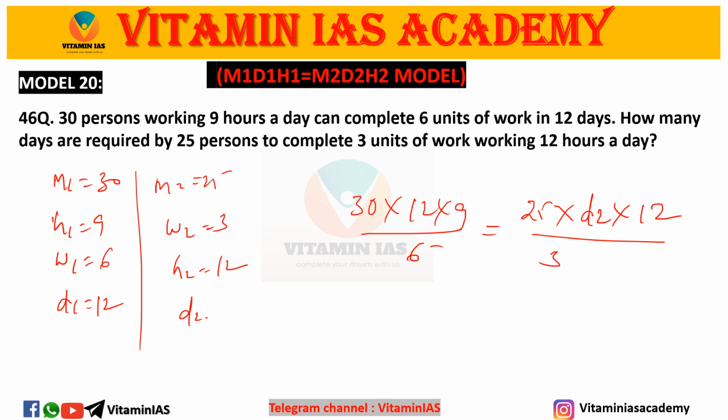Just calculate here, 6 5s are 30, and 6 5s are 30, 3 4s are 12. Here we have 4 3s are 12, 5 5s are 25, and easily you can do it. What is the value here? 3 9s are 27, and 5 5s are 25, so 27 by 5. 27 by 5 days will be the right answer.